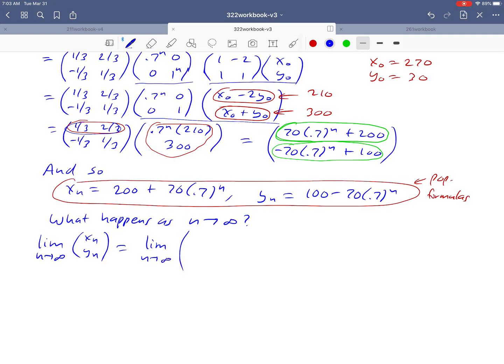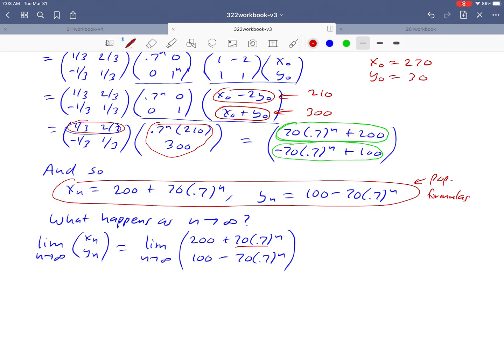This is the limit as n goes to infinity of both of these two formulas that we have. And my question to you is, can you see what's going to happen here as n goes to infinity?